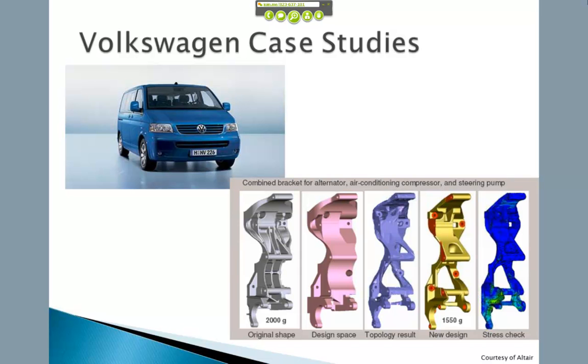They did a design space, which is the light pink color in the second image. They ran it through topology optimization, which gave them the middle image. And then with that, they had to ask, is that really what we want it to look like in our CAD? So they had to go from this tessellated representation to something that was manufacturable.